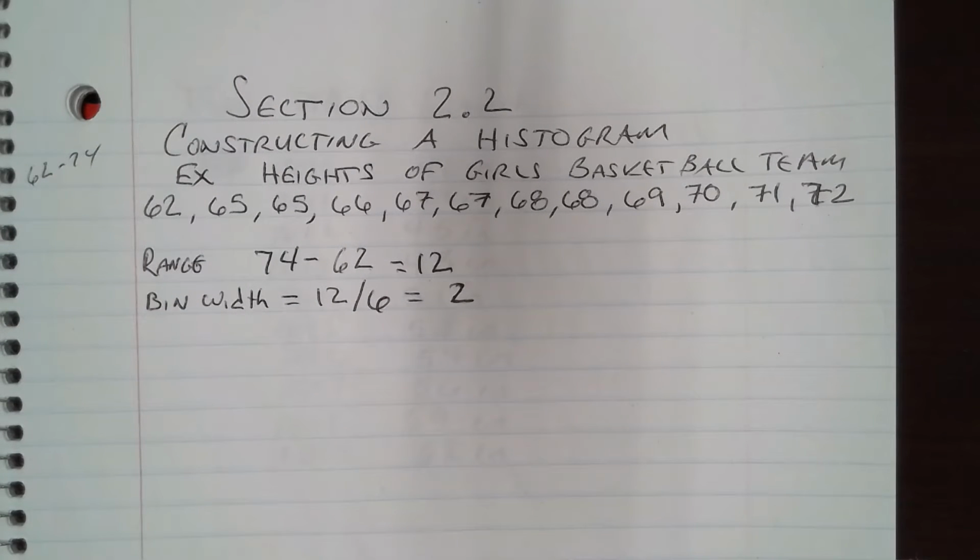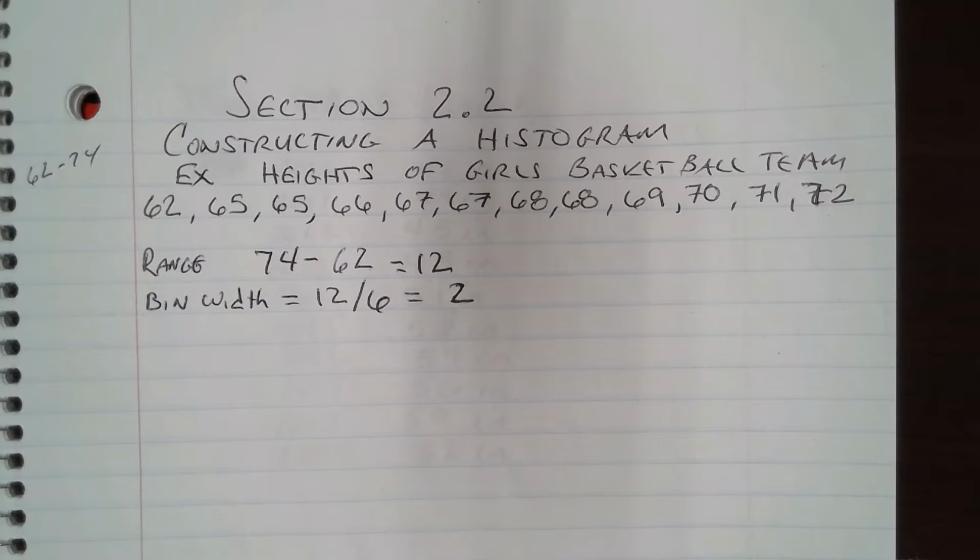So my bin width, which is the width of each of my bars, is going to be 2. Would you keep the lowest number the same? Yes. It's the highest number that you would change? Most of the time, yes.